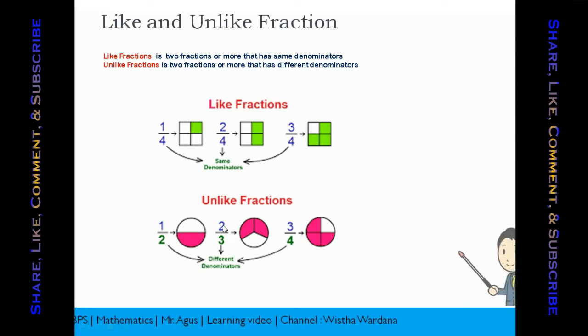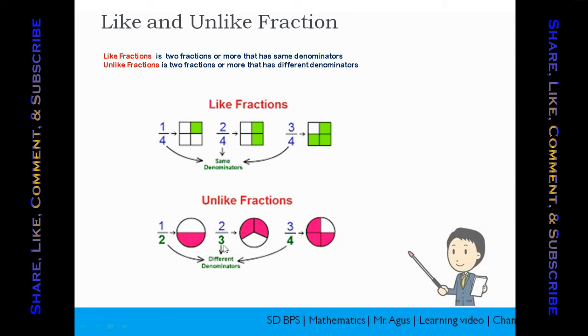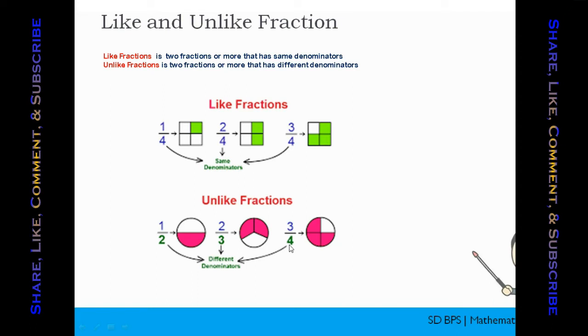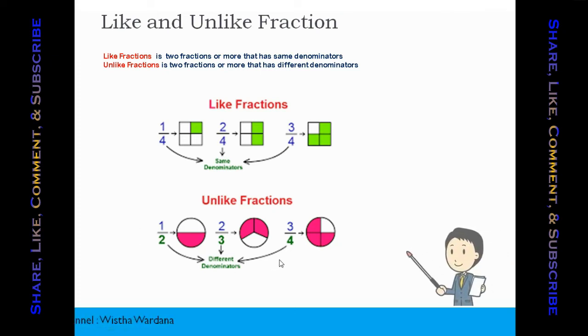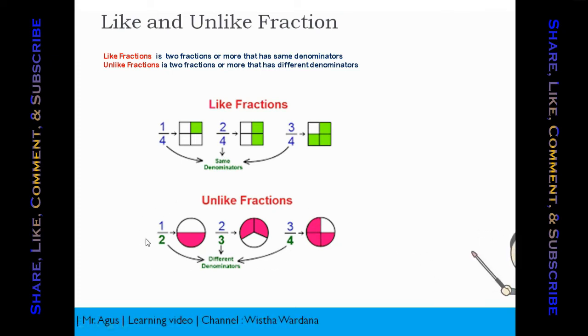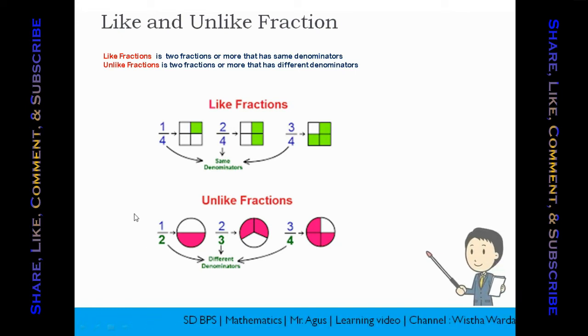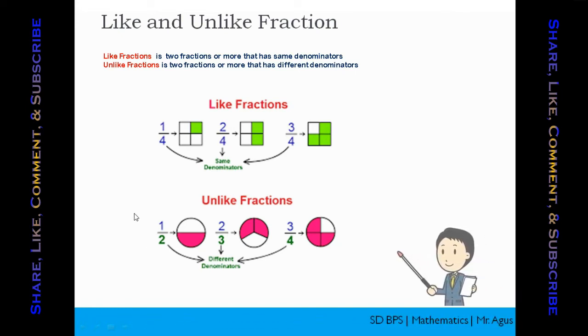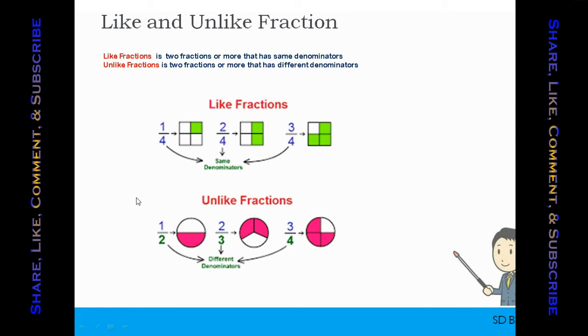The second fraction has 3 as denominator. And the third fraction has 4 as denominator. So their denominators are different. That's what we call unlike fraction. I think it is easy and you will understand it easily also.